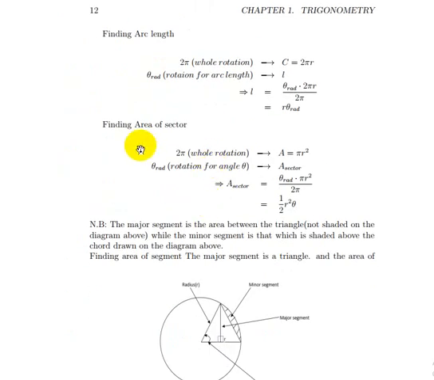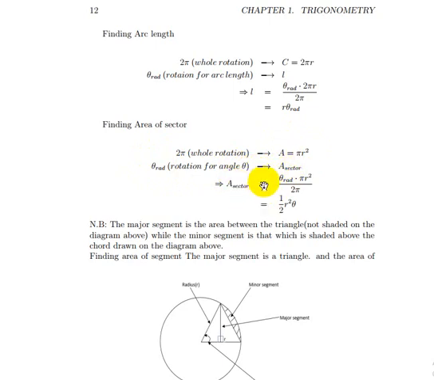So 2 pi corresponds to a total area pi r squared, which is the area of the circle, and theta in radians corresponds to the area of the sector.